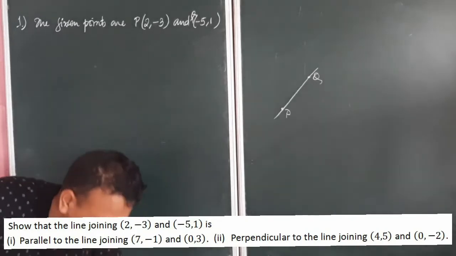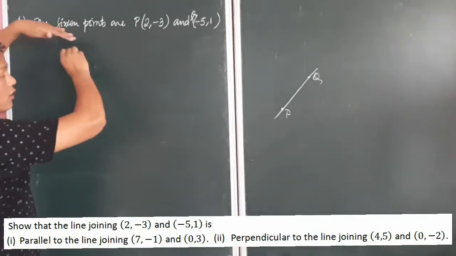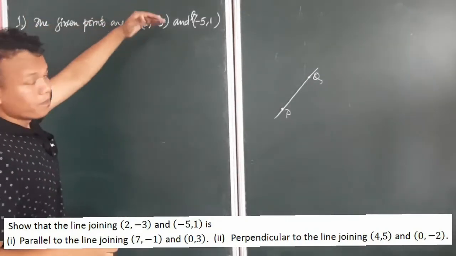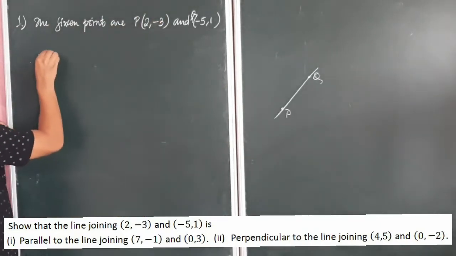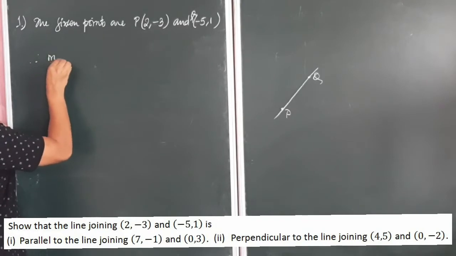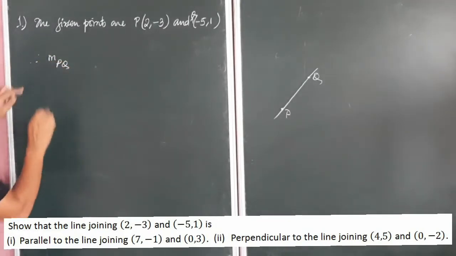So let me firstly write the slope of the line PQ. Therefore m of PQ, which means slope of line PQ.